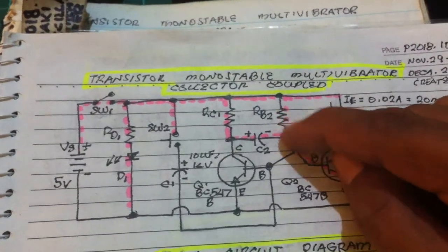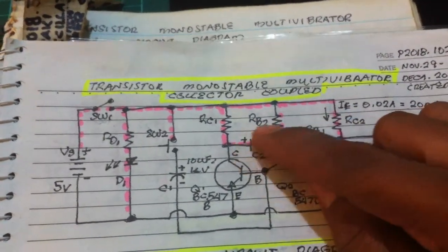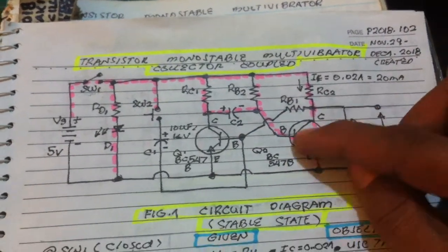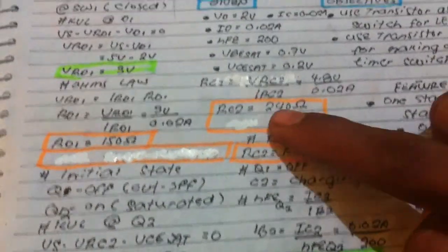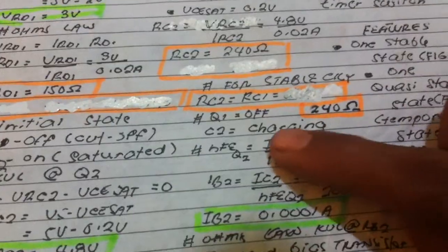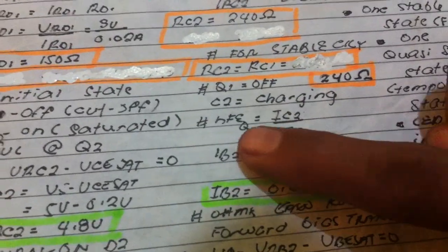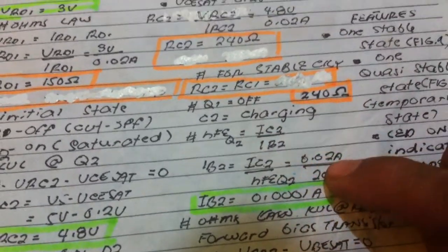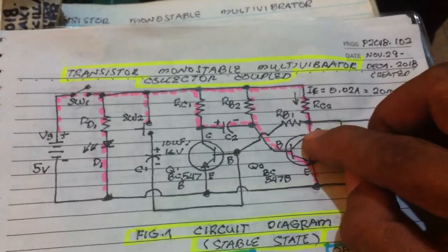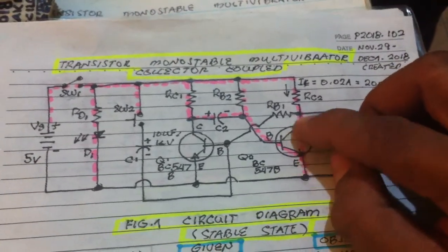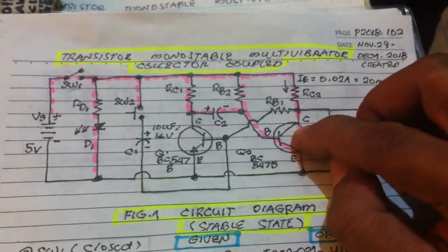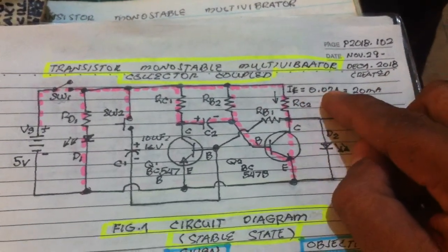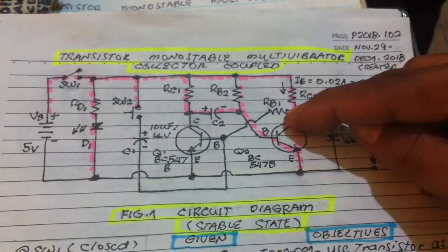We need the base current to compute the resistor, since we know the voltage drop here. The base current is computed by using the current gain of the transistor. HFE is equal to IC2 over IB2. IC here is 0.02 ampere. The collector current here, or the collector current at saturation, is equal to 0.02 ampere, since this is shorted.